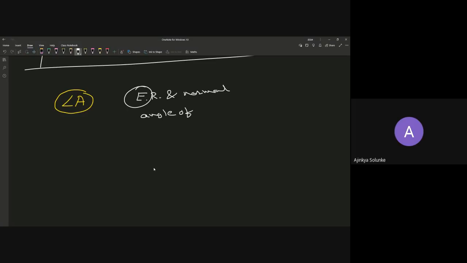If it is E, it must be E, right? That is the angle of emergence. All you have to do is use the first letter. It is so simple. The angle between the refracted ray and the normal. Be fast. Let me know which angle I am talking about.